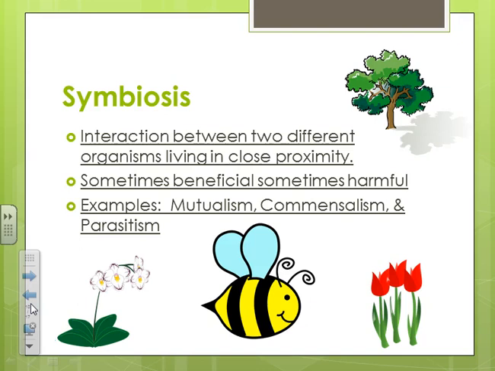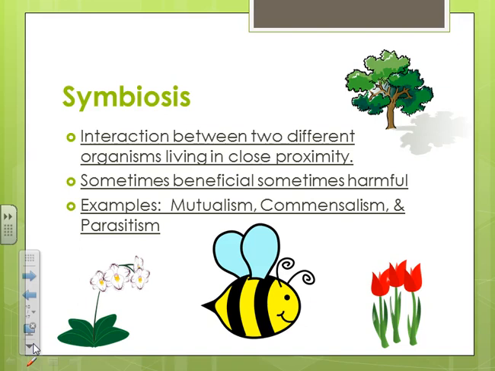So we're going to study some examples of symbiosis. Please write down mutualism, commensalism, and parasitism. Okay, so if you look at your examples of symbiosis, you'll notice mutualism, commensalism, and parasitism. Just by looking at those words, you may be able to figure out kind of what they mean.